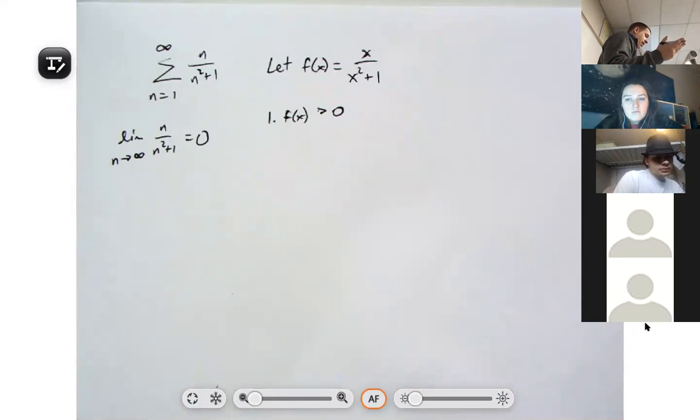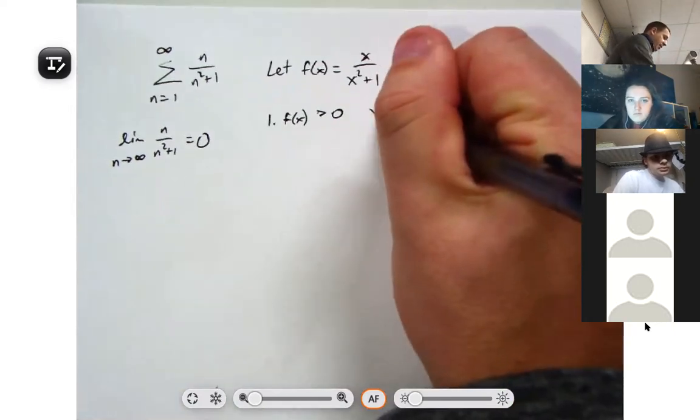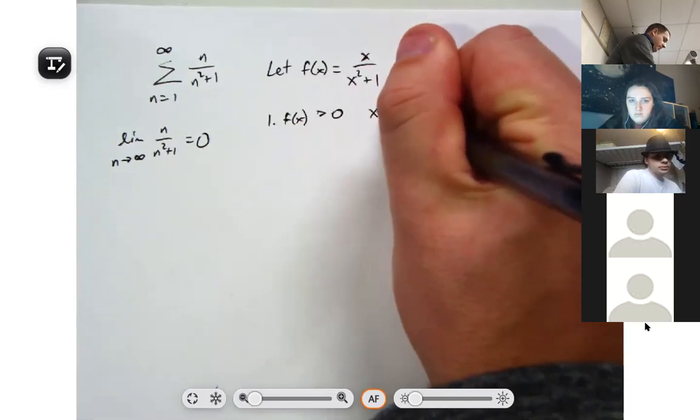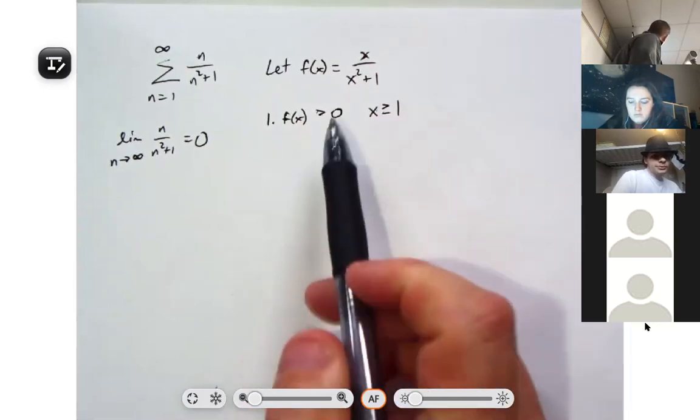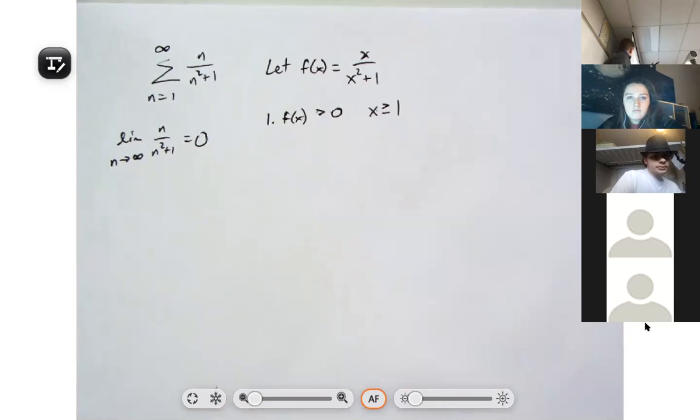If x is above what? 0. So we could say for x being greater than 0, I would say for x being greater than 1. If we can use 1, then I would use 1. So I know that this function is positive for every x value greater than or equal to 1. There's no proof to do. You just need to be able to look at it and know. They just want to see, not can you prove these conditions are true necessarily, but do you know what the conditions are?